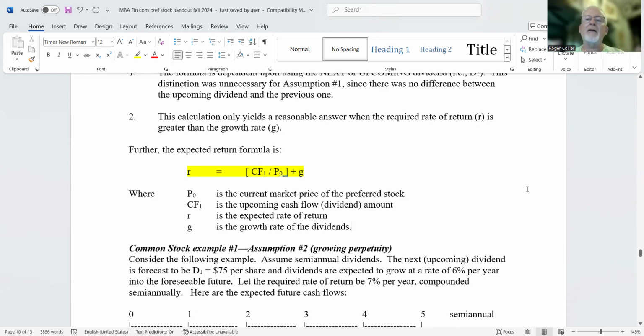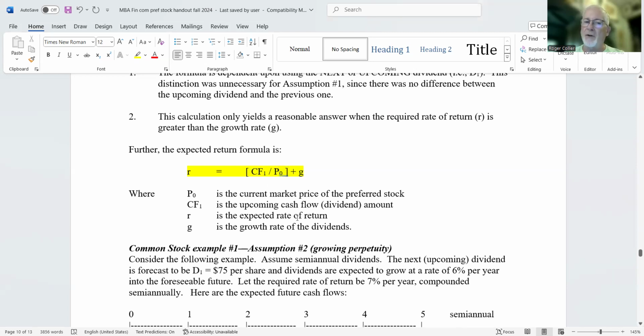Anybody care to guess what the most frequent error is in using this formula? I know this because I've been teaching this material forever. The mistake that people make is they forget to add G. First, you find the next dividend, then you divide it by price and you get a number and say, okay, that's it, and move on.